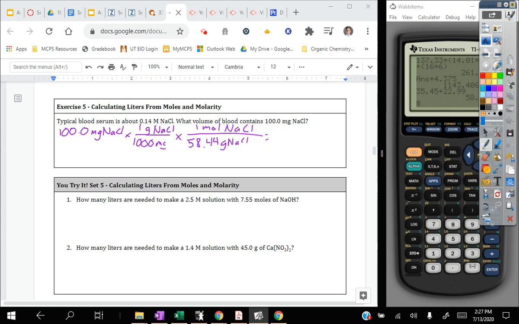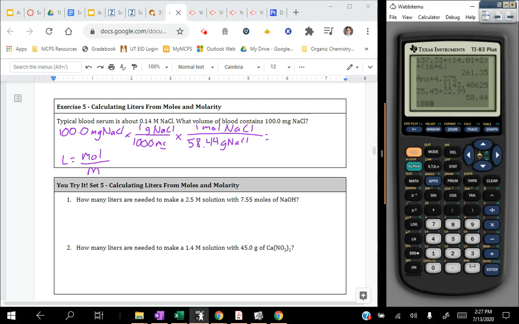Then I know at the end of this problem, my liters is going to be equal to moles divided by the molarity. So let's set this up. I have 100.0 divided by 1,000, which is 0.1, divided by 58.44.